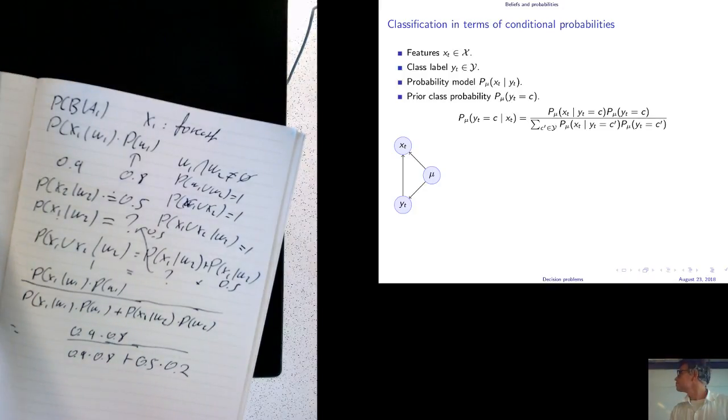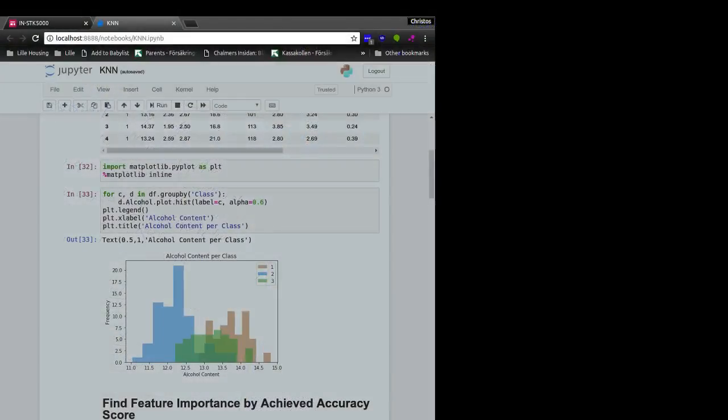Let me just switch a bit here. You can see this as a kind of rough model. You have 3 classes here, and for every class you have a histogram of the alcohol content.